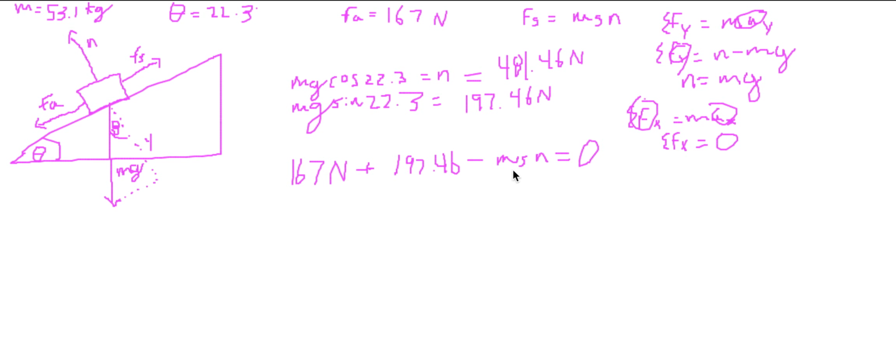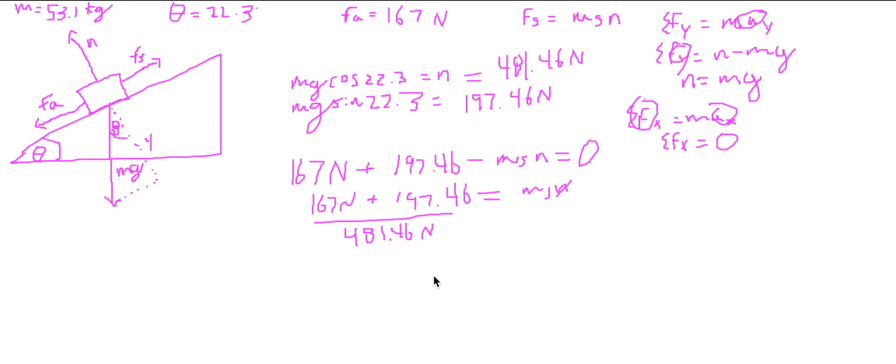So now to find mu s, we move that over. Mu s N, divide by N, which is 481.46 newtons, and it'll cancel on this side.